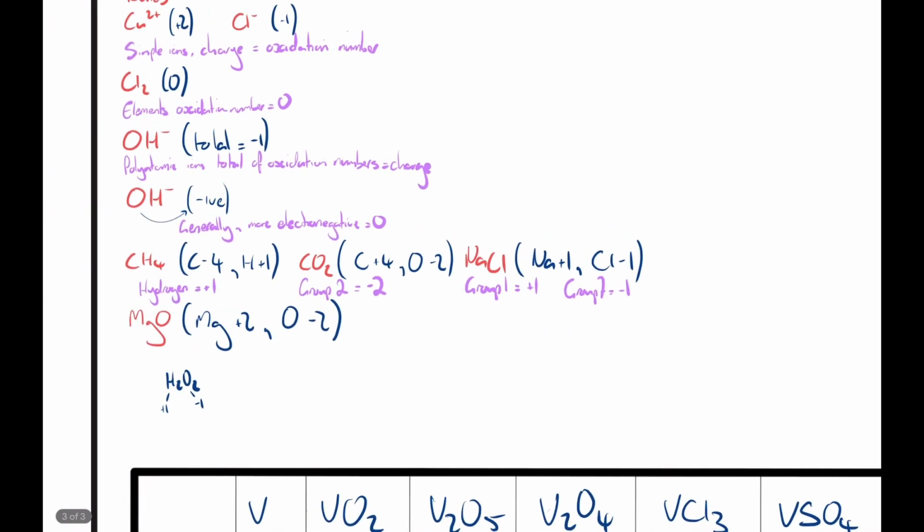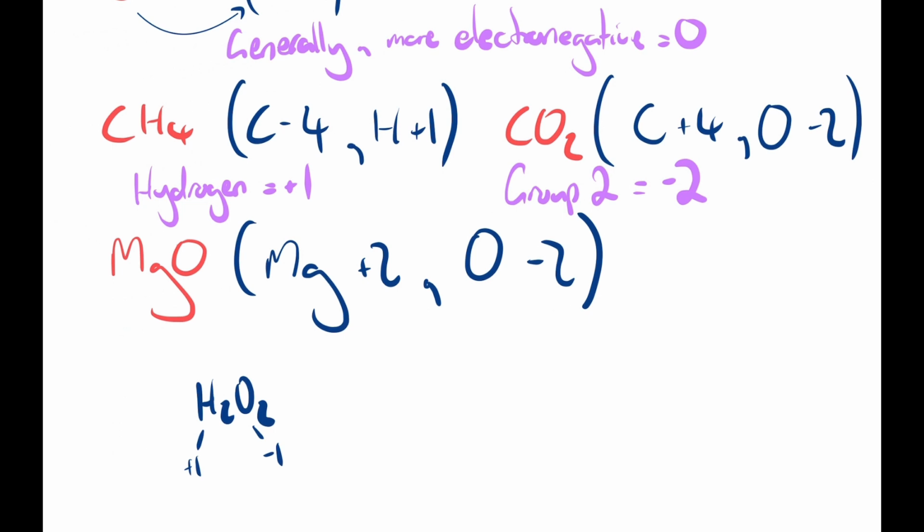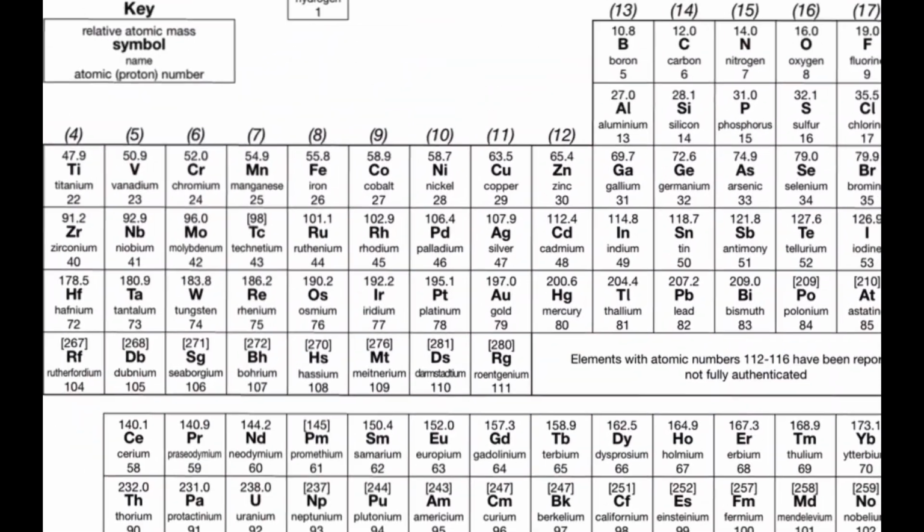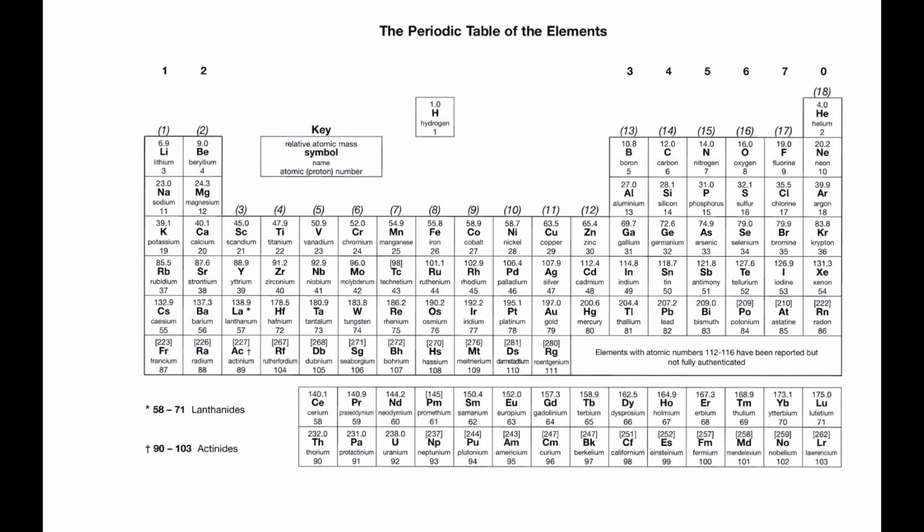And last of all, another rule here, group 2 is generally plus 2. So it follows very similar to, well, exactly the same as when we label our ions. It's got plus 1, plus 2. Here's probably going to be plus 3. This is going to depend. Minus 1, minus 2, minus 3, but again, could depend.